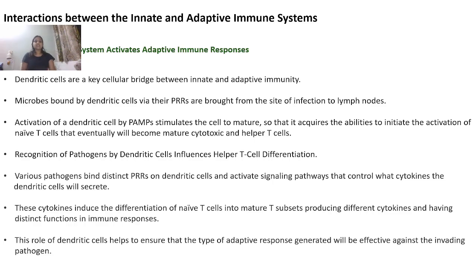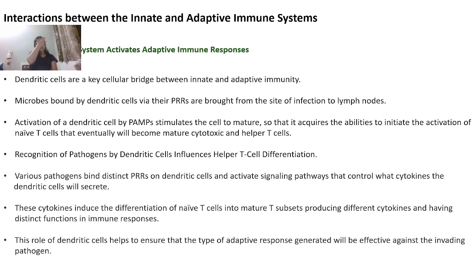Then comes the interaction between the innate and the adaptive immune system. As I already told, if there is a clearance of the pathogen by the innate system, then it is fine. But always one is dependent on the other, and the innate immune system actually activates our adaptive immune system.